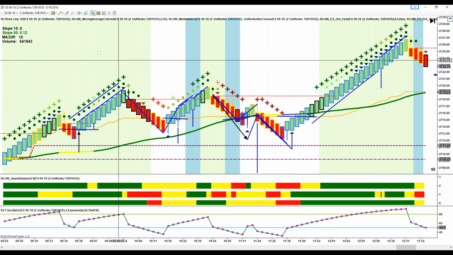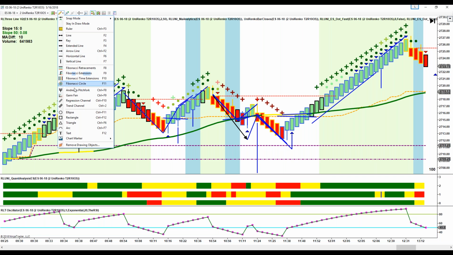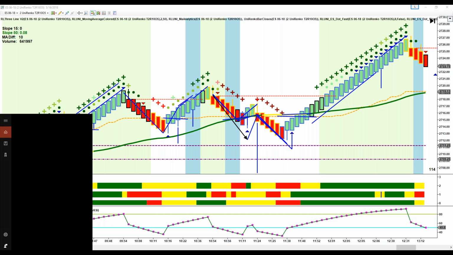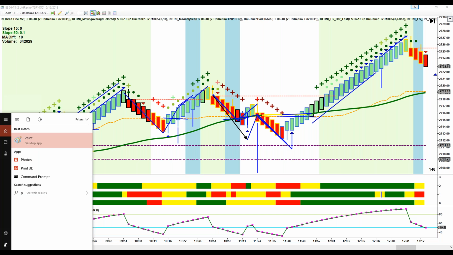Now, let me explain to you exactly how the dots work and what they're looking for and why they're so powerful. I'm going to do it on paint. And why it's so tough to make them.